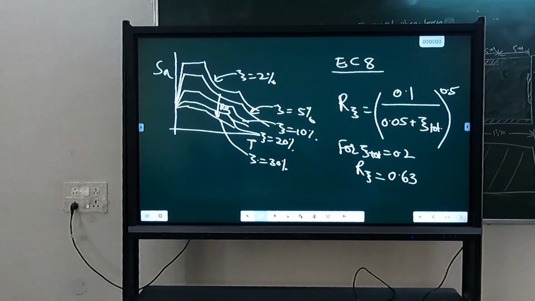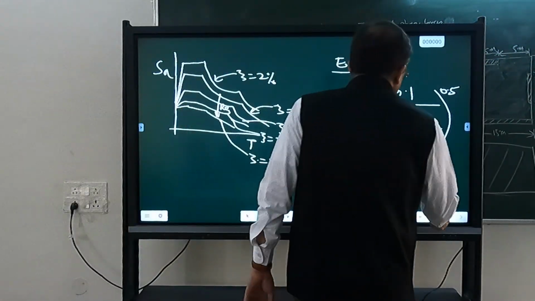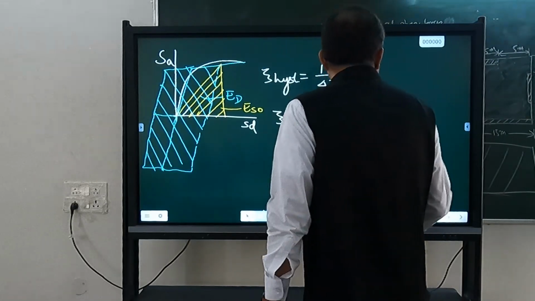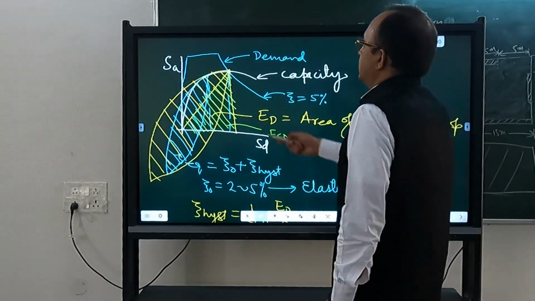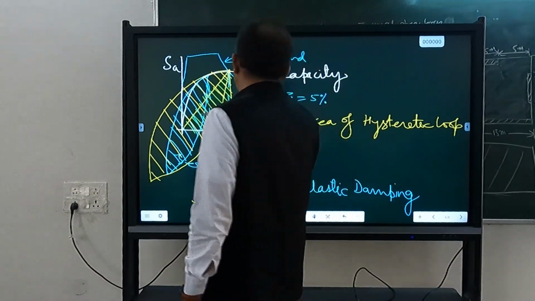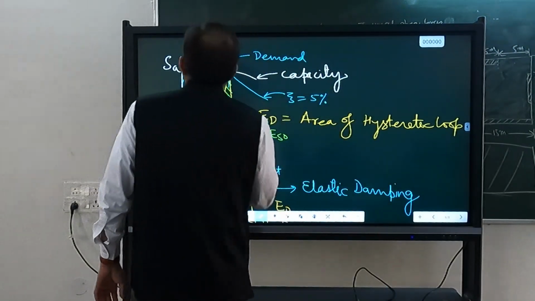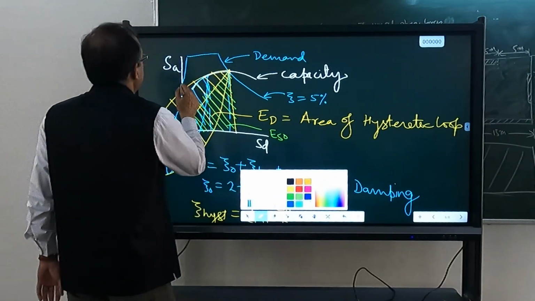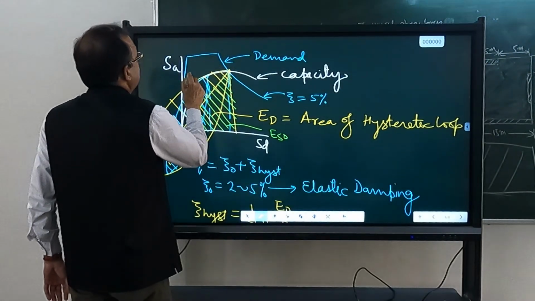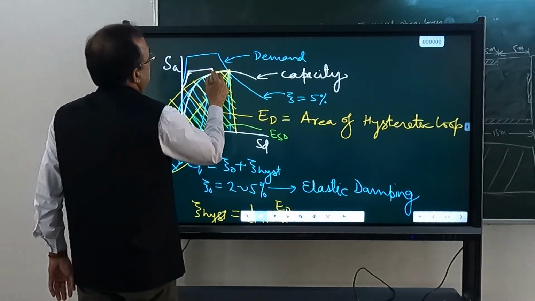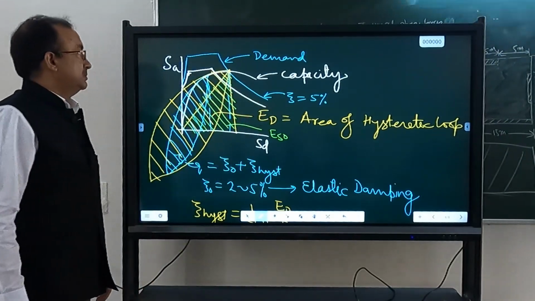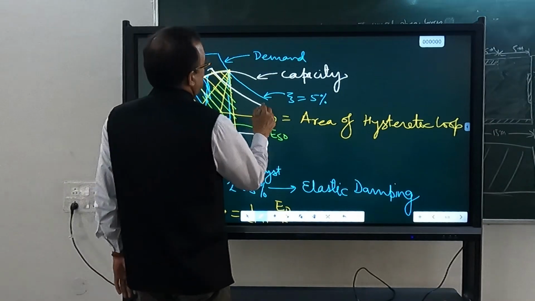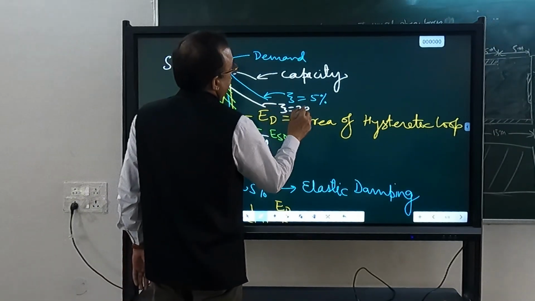So using this relationship, you can change the demand to whatever damping you have. Suppose here the damping was 20%. We will reduce it by 63%, and we will get it. This is for xi equals 20%.